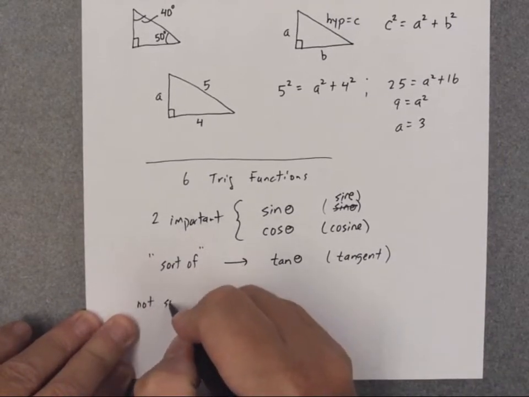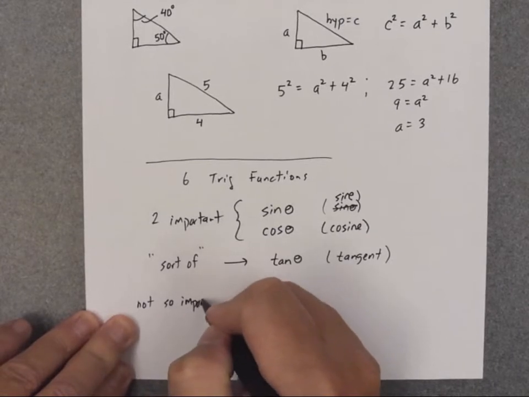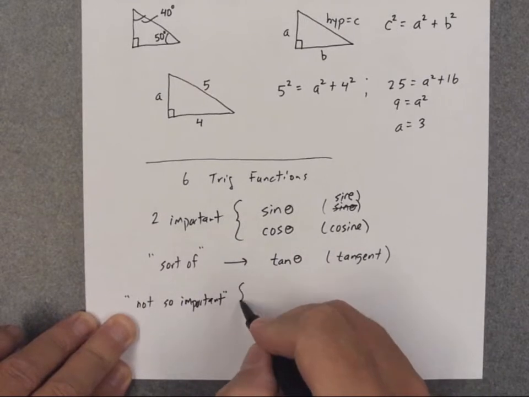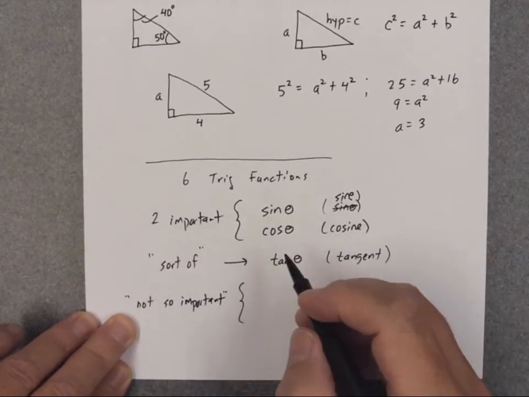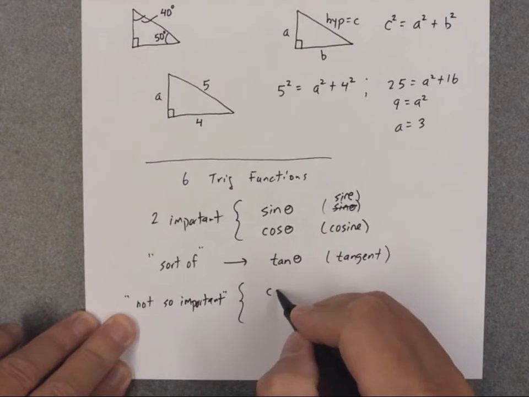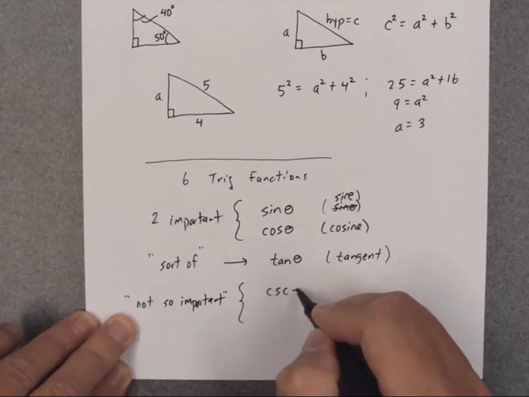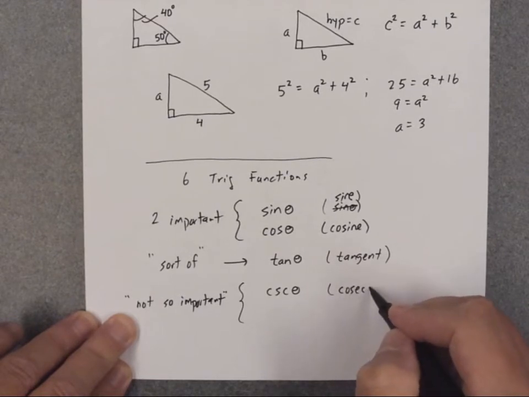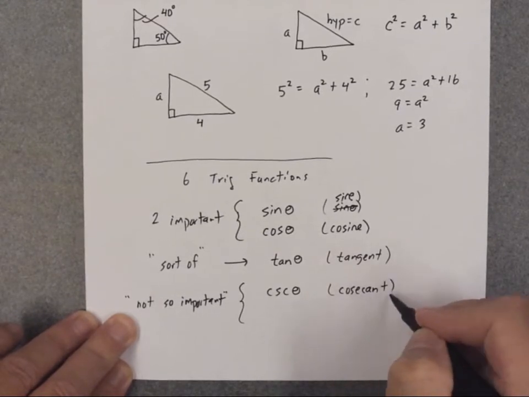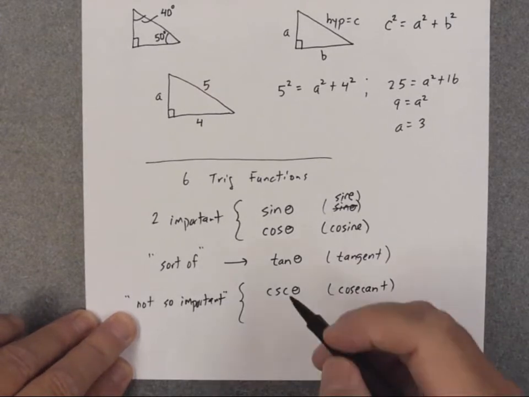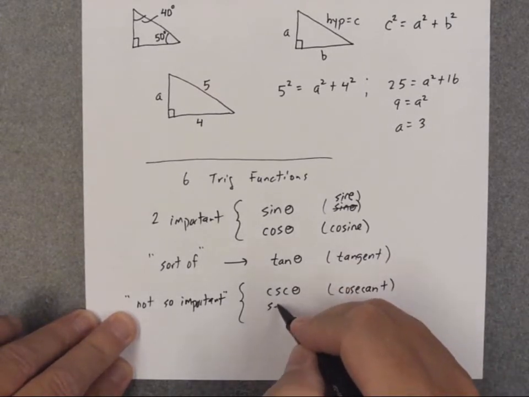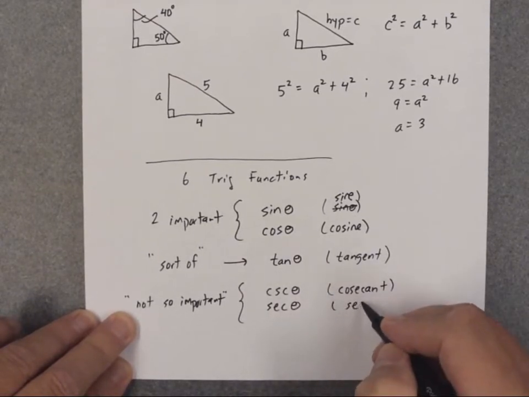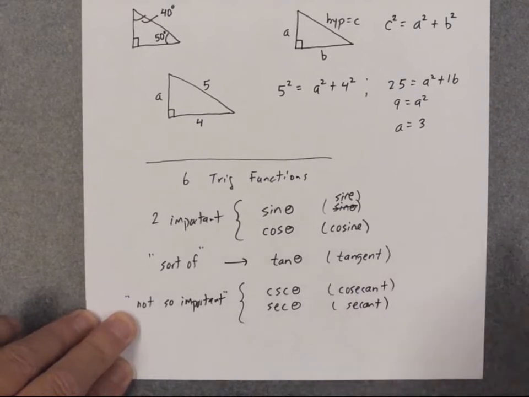So the not so important functions, there are three of them. This first one, it's CSC, and we say that's the cosecant. The cosecant of theta. The next one is SEC, which is pronounced the secant of theta.